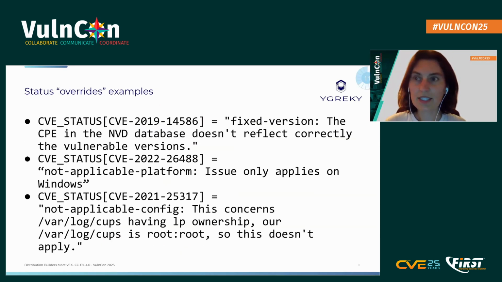The second feature is that we can override some of the results from the NVD scan. I've collected a few examples that are quite representative of what has been put in.